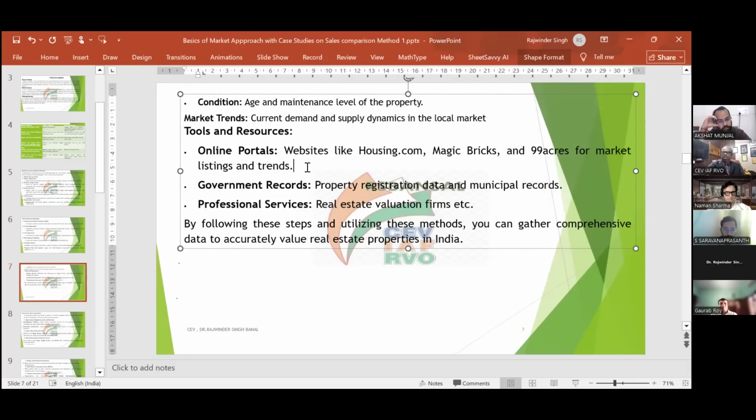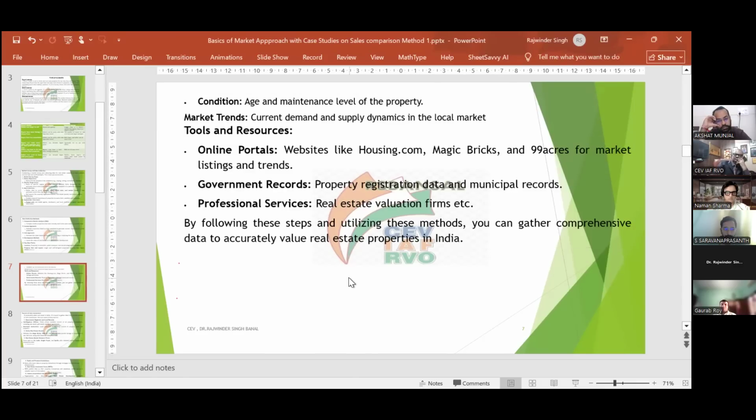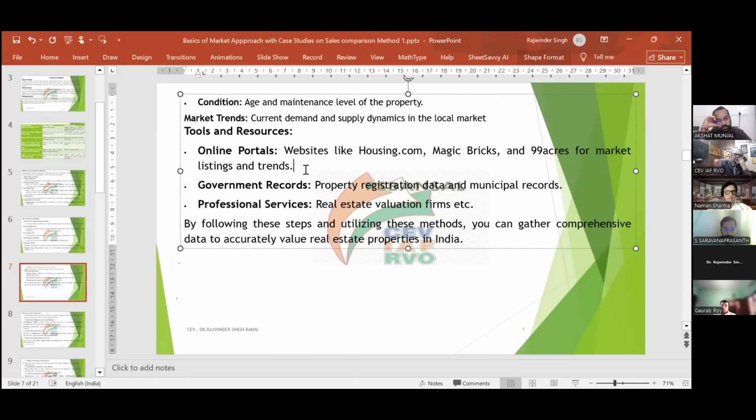Then what are the other tools and resources which you can employ? Online portals. These are not fully reliable, but you can check websites like housing.com, Magic Bricks, 99acres for market listings and trends.